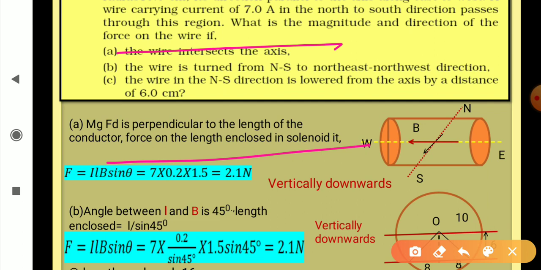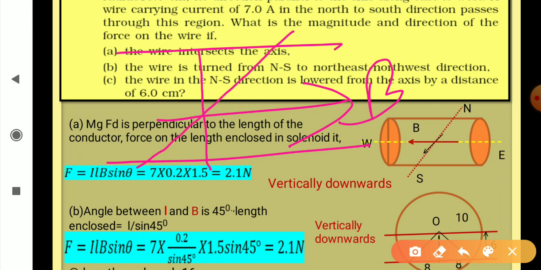So to find, I'll draw it again for you. Initially it was placed along the diameter and the magnetic field is along this direction, and now it is placed like this. So this is 10 centimeter, this angle is 45 degree. We can find out this section, this length.